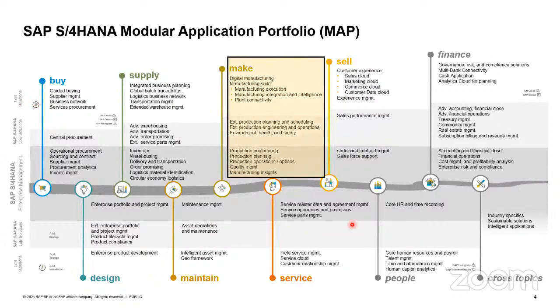So we are going to focus on some of the functionalities covered in the area of manufacturing, which include digital manufacturing, manufacturing execution, production planning and scheduling, external production engineering and operation, and most of the topics we will be talking about around production planning and production execution.